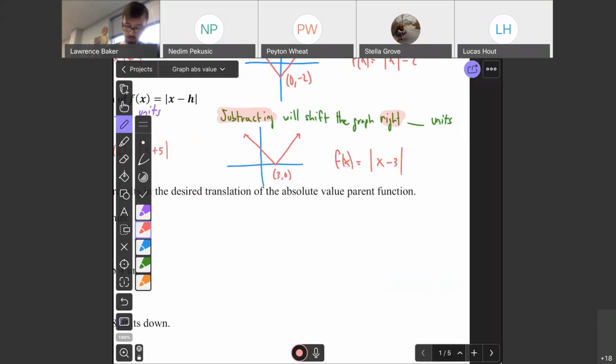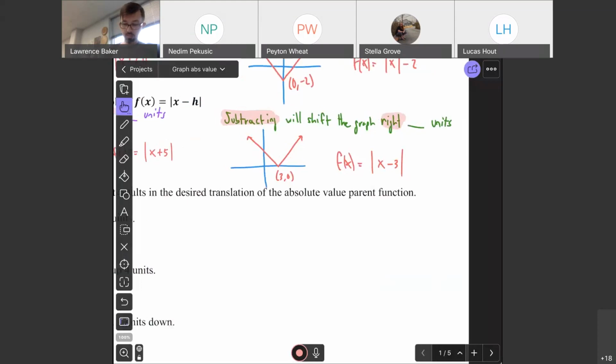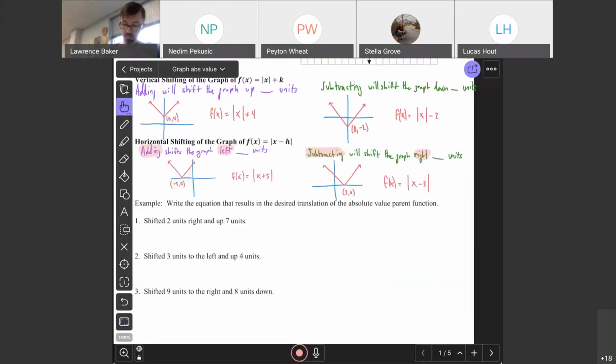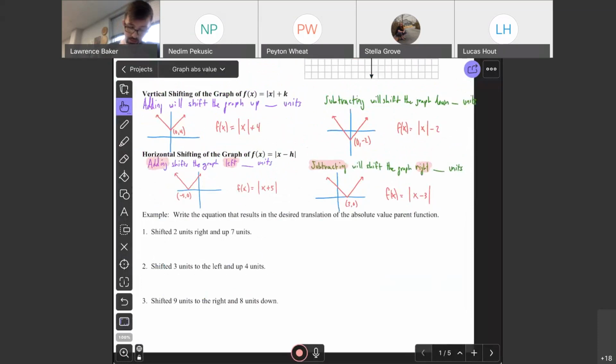And again, why that happens is because it's x minus h. When we subtract a positive, we say x minus positive 3, it looks like x minus 3. So it looks like a negative number, but it's acting like a positive number, and that's why it's moving it to the right. So remember we talked about h.